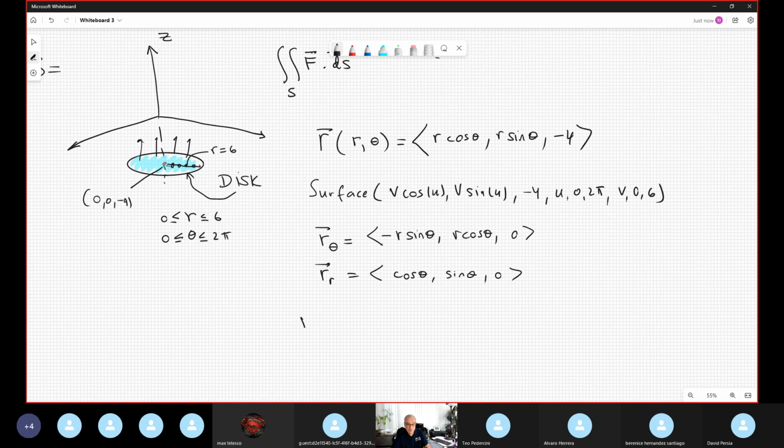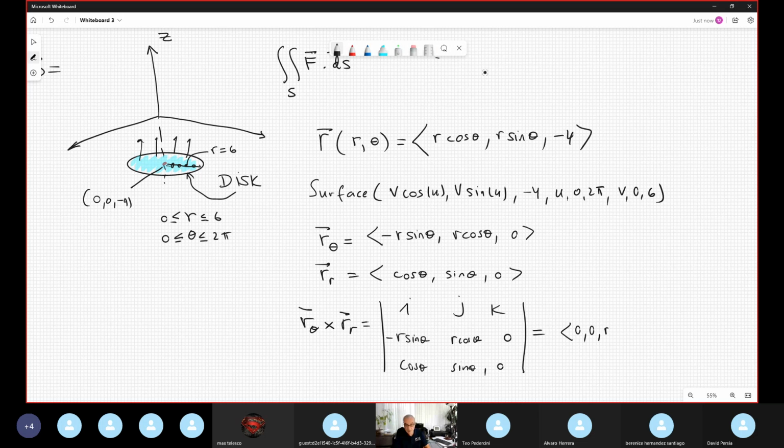And when you perform the cross product of this, using the idea that we always use ijk, you copy this component: minus r sine theta, r cosine theta, 0, and cosine theta, sine theta, 0. The answer is 0, 0, r. Unbelievable. No theta. It's good.